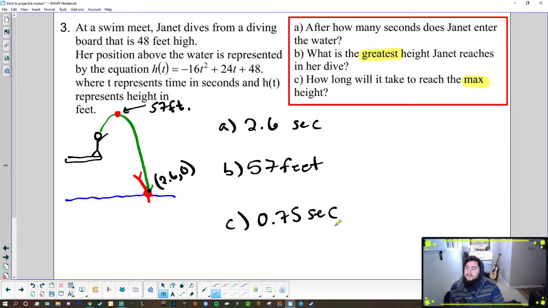After 0.75 seconds, Janet has reached the maximum height of her dive at 57 feet. Then she starts to fall. And it is after 2.6 seconds that her height is 0, which means she's entered the water. And that is the answer to our 3 parts.